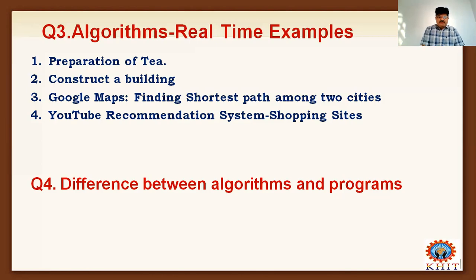The next major difference between algorithm and programming is that in algorithms, the person writing the algorithm has domain knowledge. But in programs, the person need not have any domain knowledge. Algorithms should not depend on any operating system or any hardware component in the computer.